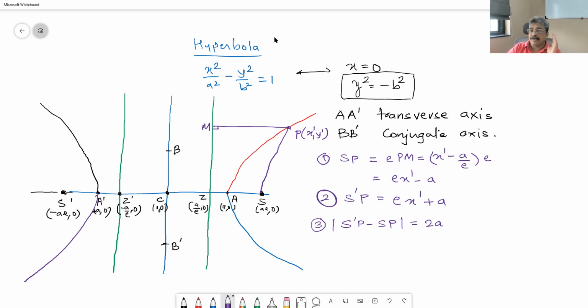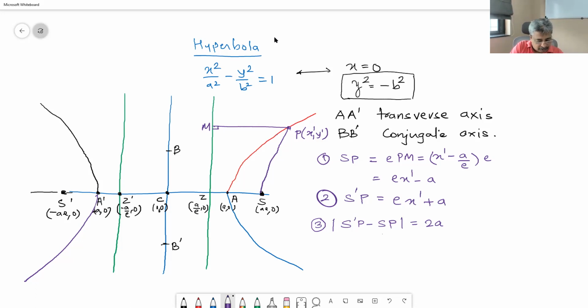Therefore, they go hand in hand, and both of them need to be studied simultaneously. We have completed ellipse and now we are studying hyperbola, but you need to remember them simultaneously. This is in case of ellipse, this is in case of hyperbola. Otherwise, they will get mixed up, and you will use the wrong result for the wrong curve.